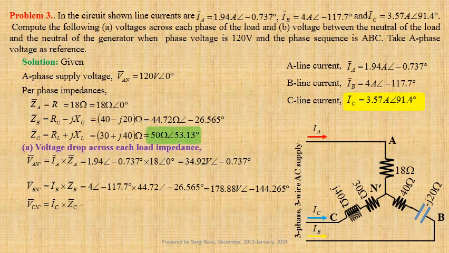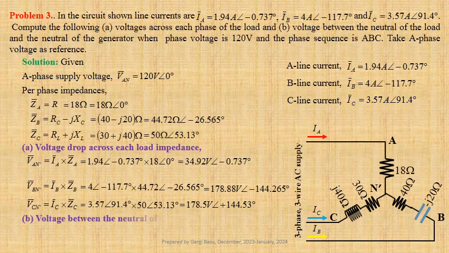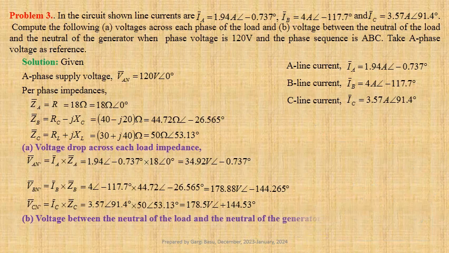Using values we get 3.57 at an angle 91.4 degree into 50 at an angle 53.13 degree, that gives us 178.5 volt at an angle plus 144.53 degree. Expression for voltage between the neutral of the load and the neutral of the generator, Vn dash n equals Vn dash minus Van.